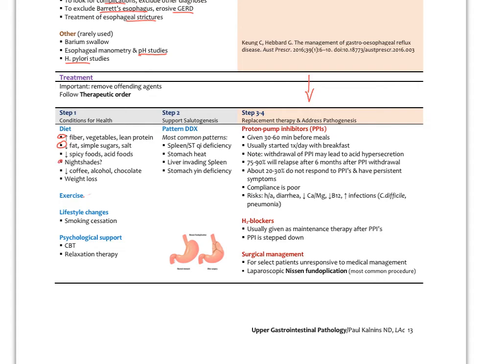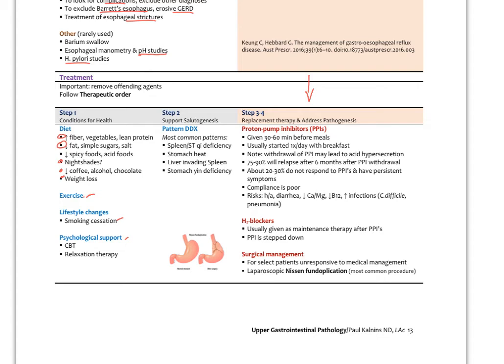Nightshades, I put a question mark. Some people do react to tomato, potato, nightshade, again, tobacco poorly with their GERD, decreasing coffee, alcohol, chocolate. Chocolate's a smooth muscle relaxant on the lower esophageal sphincter. And then weight loss would all be indicated. Exercise, smoking cessation, and then psychological support, CBT, relaxation therapy.